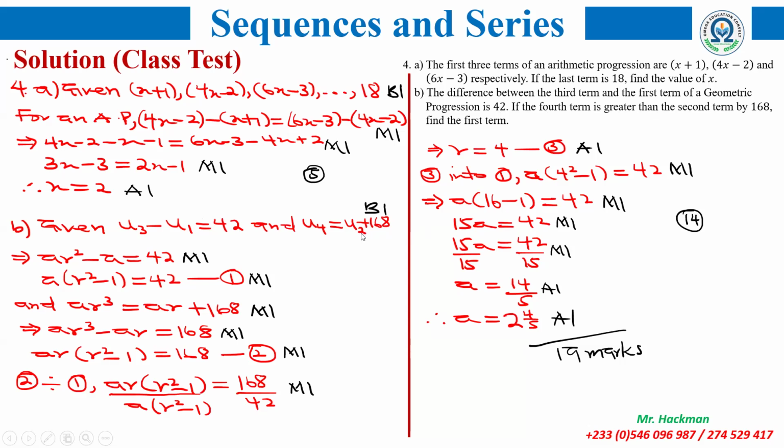Or I can equally say that the difference between my 4th term and the 2nd term should also give me 168.